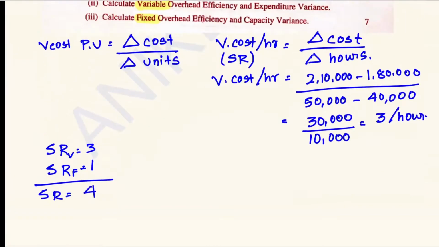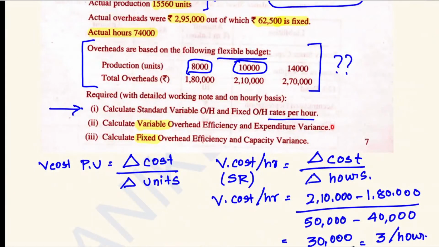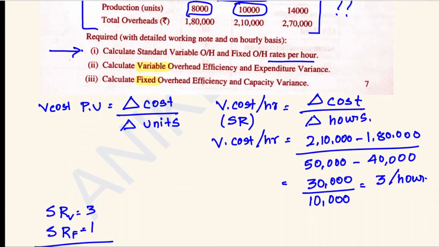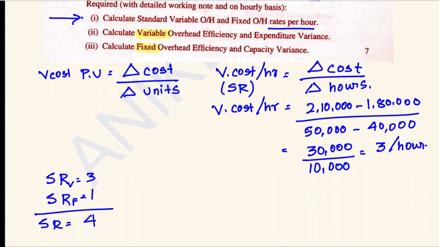So we have solved the second sub question. What did we solve? First we found the standard rate. Then whatever is applicable only for variable overhead we have taken, that is 3. And all other things we have just substituted in the equation. Similarly, now we have to calculate the third question.